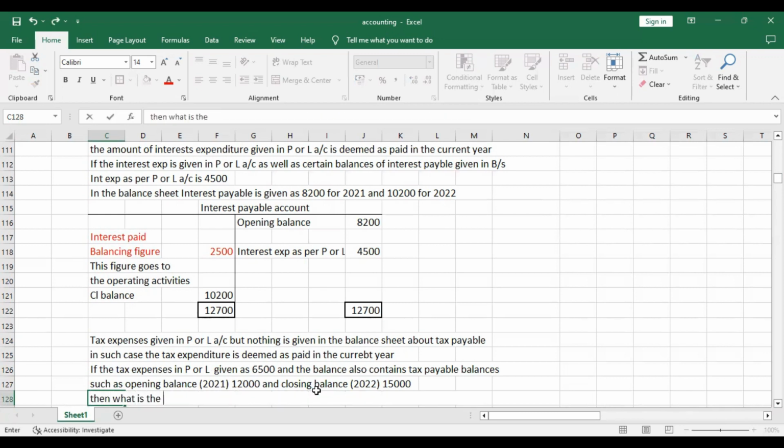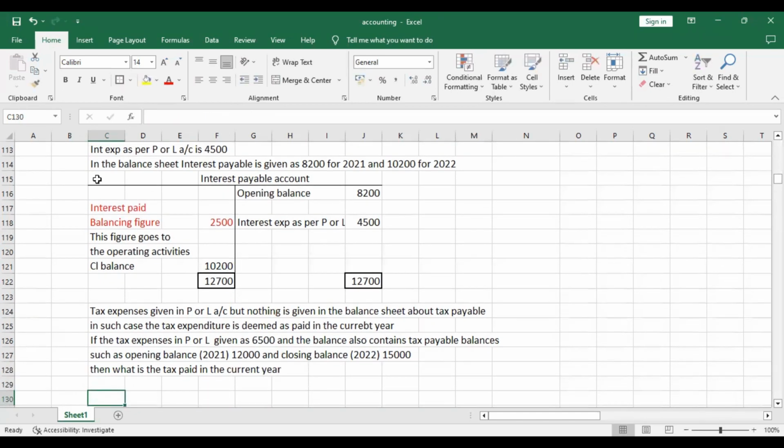Then what is the tax paid in the current year? Again, you have to prepare it similar to the interest payable account; the tax payable account you have to prepare.